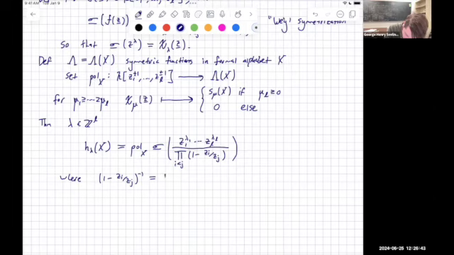So this is 1 plus z_i over z_j plus z_i squared over z_j squared, and so on.